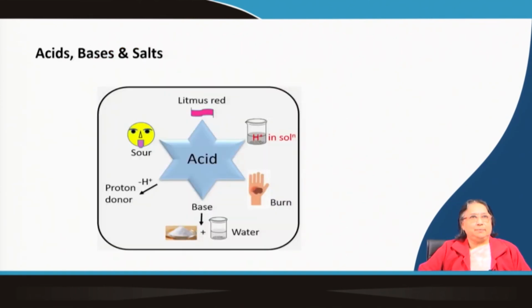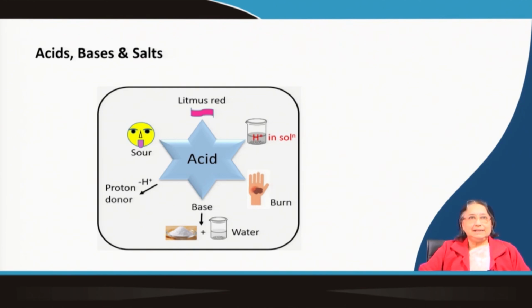The old concept of acids is that some people said that an acid should turn blue litmus red, somebody said it is sour, and some people said that it reacts with bases to form salt and water.